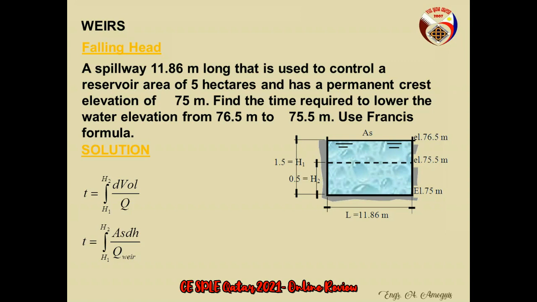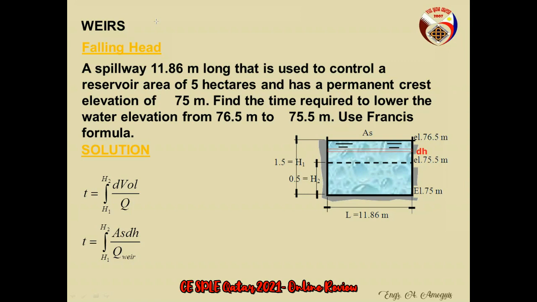The beauty here is that the differential volume is ES times the differential height. Your surface area is constant. What is it? 5 hectares. So 5 hectares is the surface area.